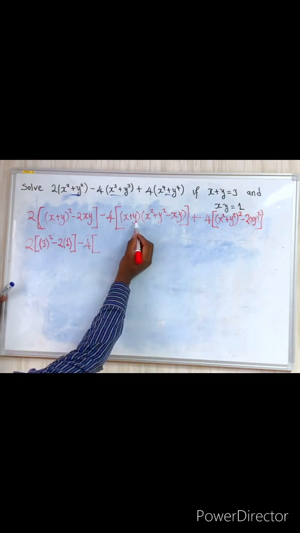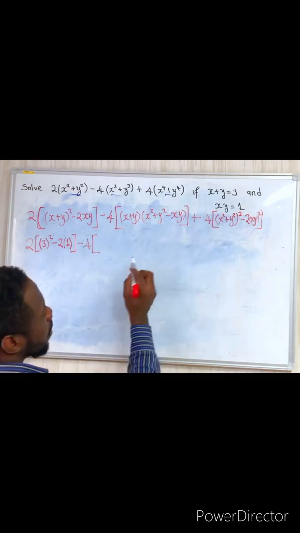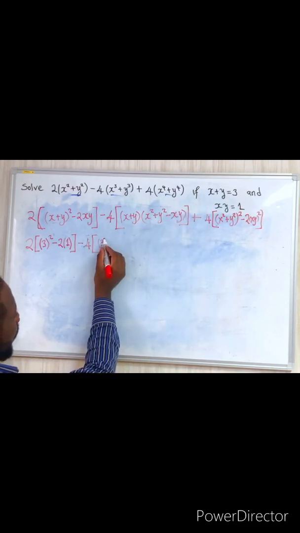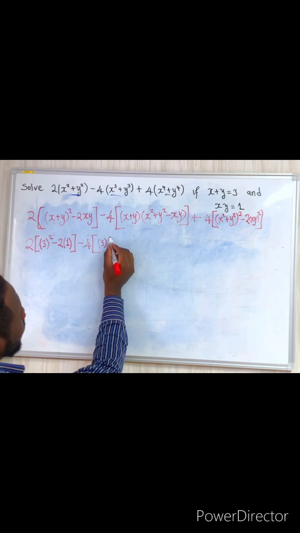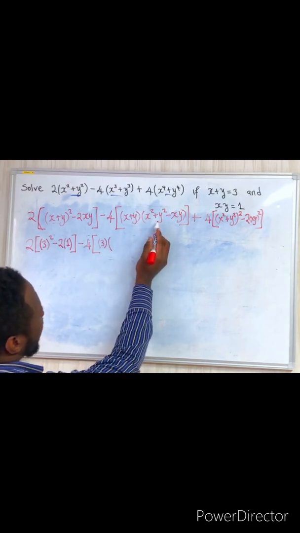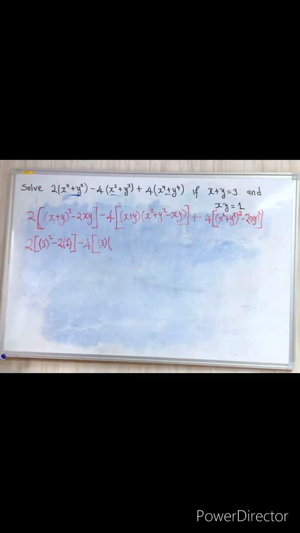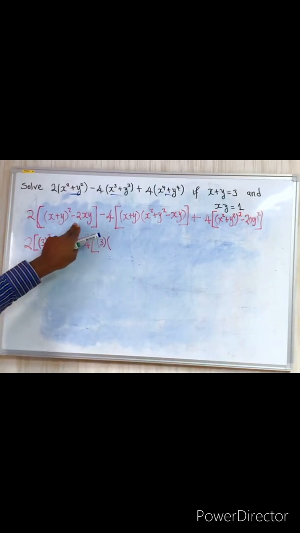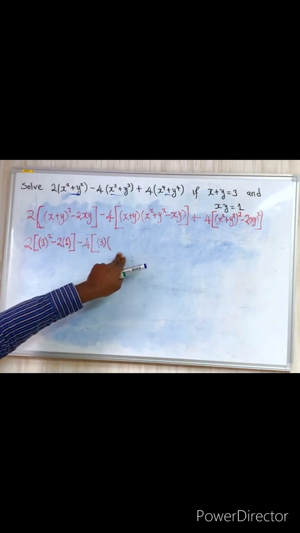We have x plus y again. This x plus y, we know it's equal to 3. Then we also have x squared plus y squared. Okay, x squared plus y squared was the same as this, so we replace what we have here, we put it here.